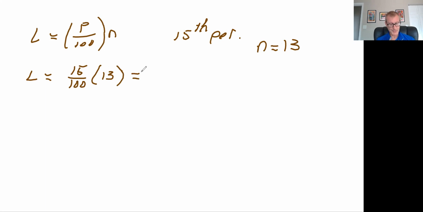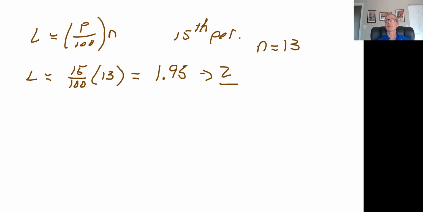So when you do this calculation, it would be 15, 13 times, and then you divide by 100. And you could see that the 15th percentile is 1.95. So that's real close to 2. So you round up to the second position or second index.